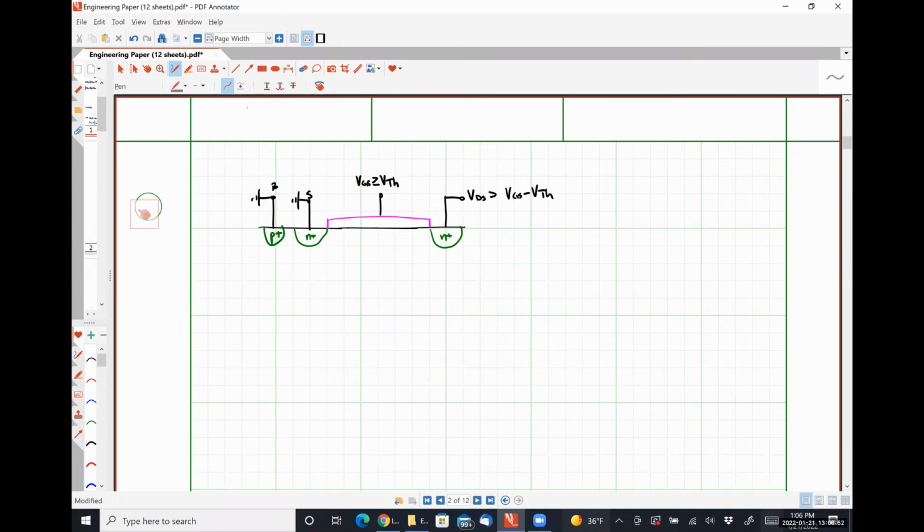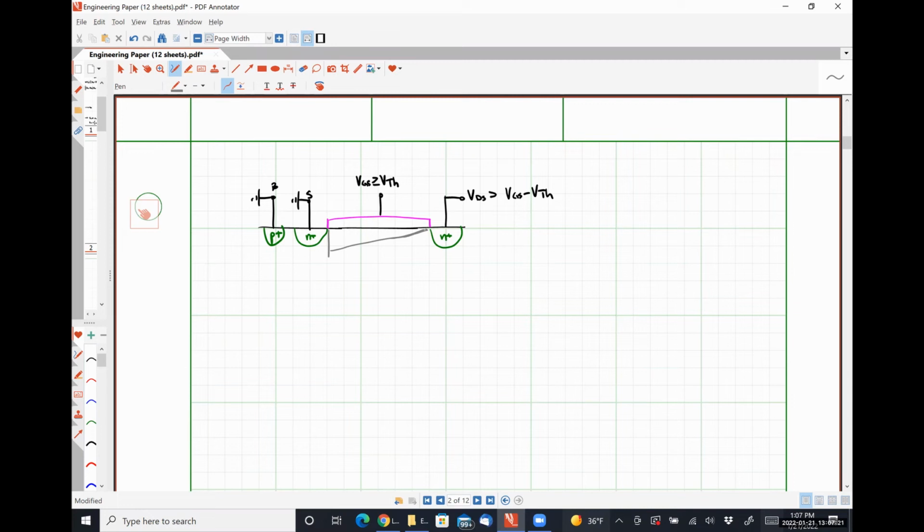So when VDS is exactly equal to VGS minus VTH, the profile of our charge distribution looks like this.